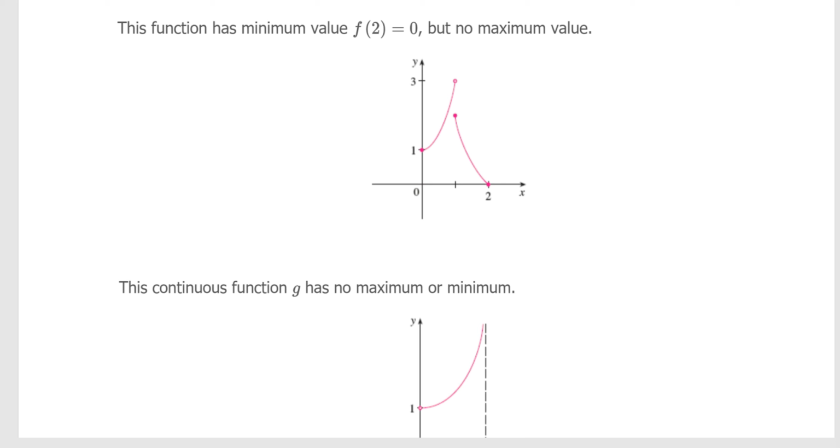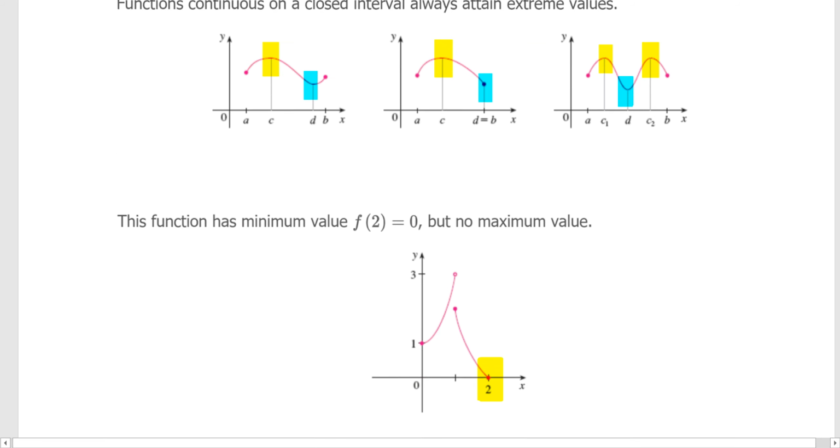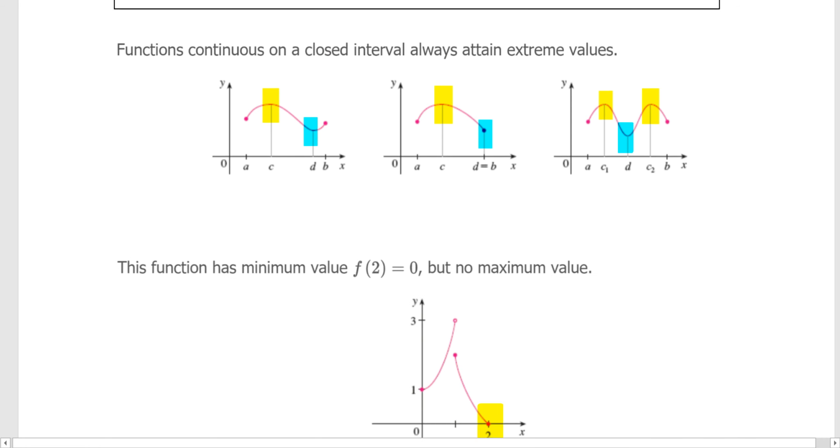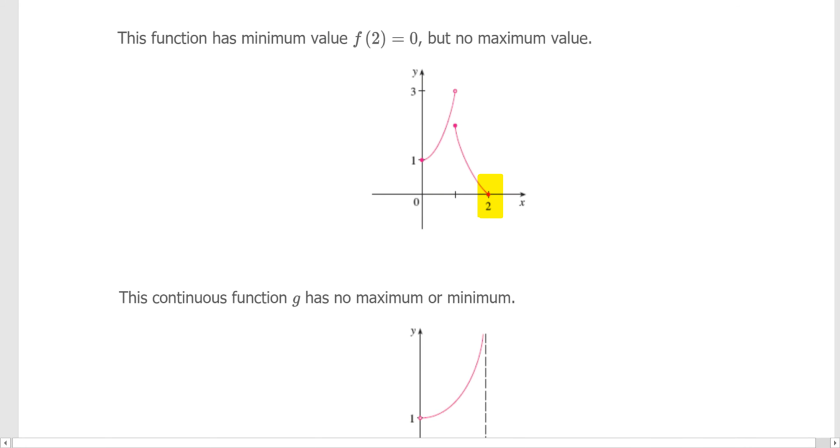And then here are some examples where we have to be careful a little bit. This function has an absolute minimum at f of 2, which is 0, but it does not have an absolute maximum value. The reason why this extreme value theorem doesn't come into play here is because the conditions are not satisfied. f of x is discontinuous, right?